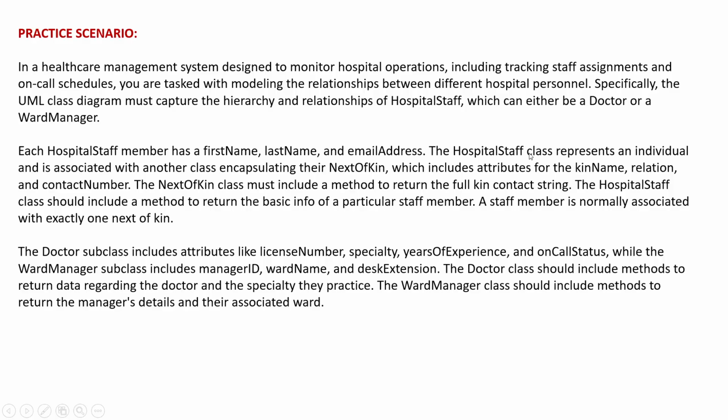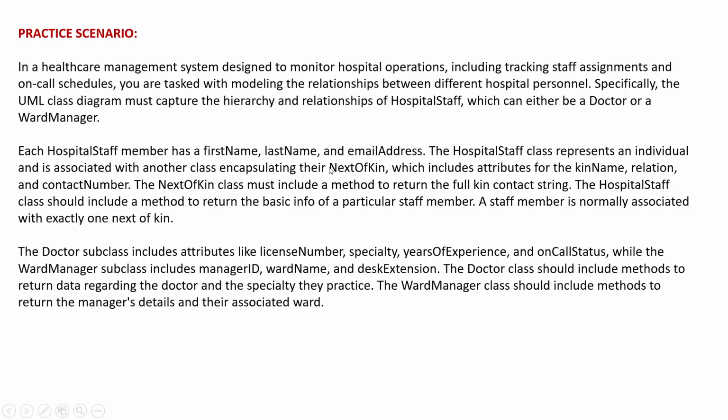Then the hospital staff class represents an individual and is associated with another class encapsulating their next of kin. For next of kin, encapsulating tells me that a next of kin won't exist without a hospital staff member. There won't be a need to capture a next of kin's details if there's not a hospital staff member for that next of kin.